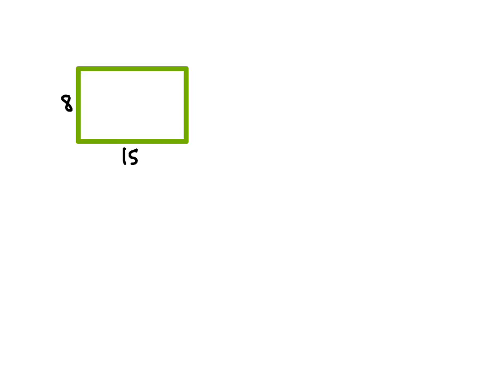In looking at this rectangle, if our length is 15 meters and our width is 8 meters, we can use what we know about rectangles, that opposite sides are equal in length. So if that side is 15 meters, this side will be 15 meters. And if this side is 8 meters, then this side will be 8 meters.